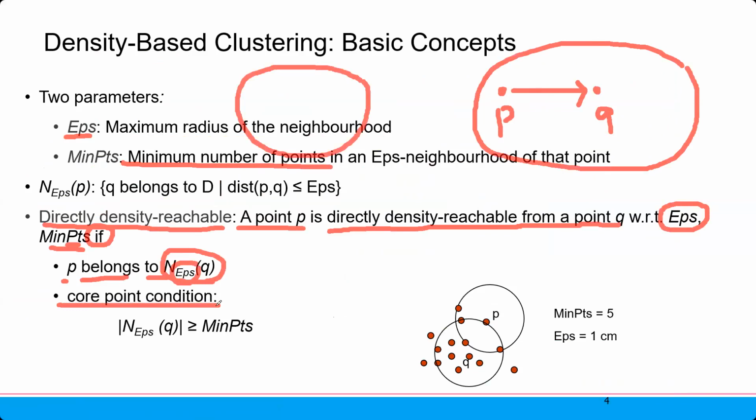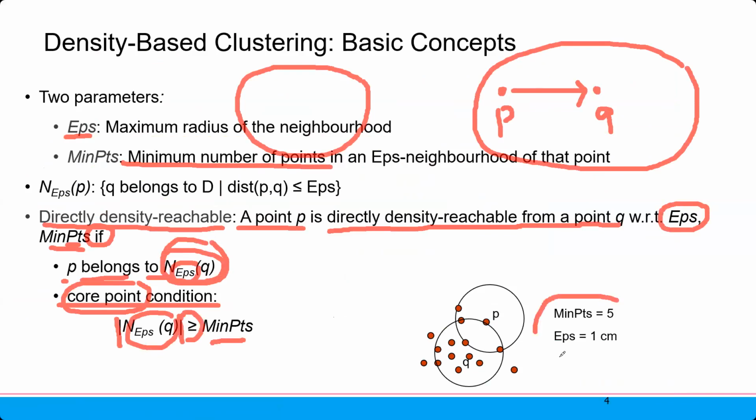The other condition is the core point condition. A core point is where the number of data that belongs to this EPS neighborhood is at least the minimum points.